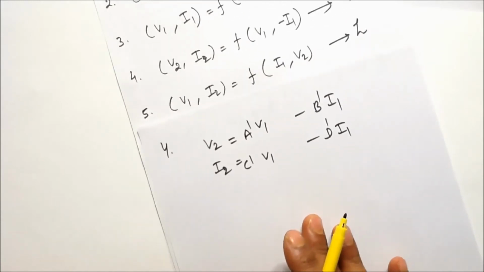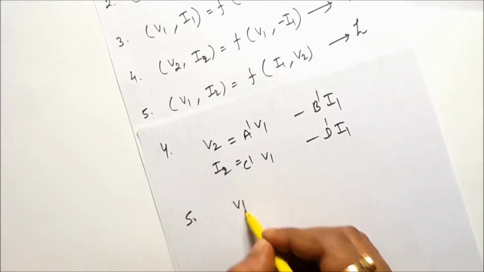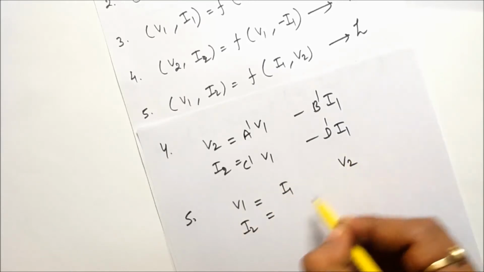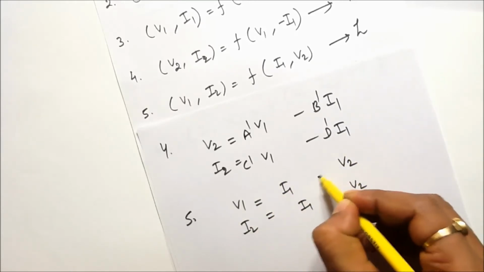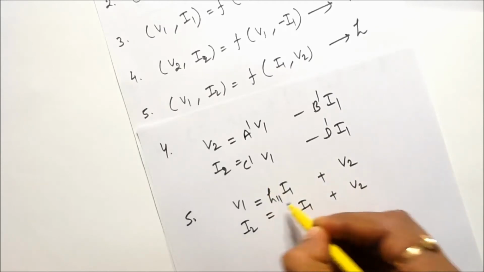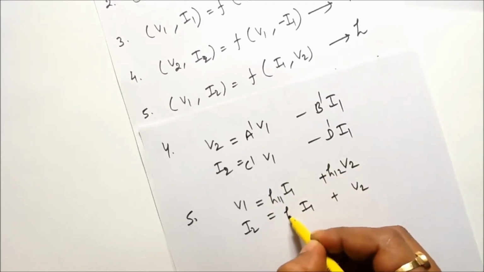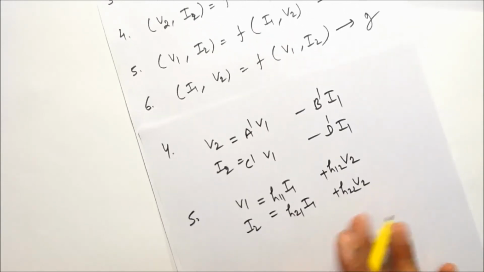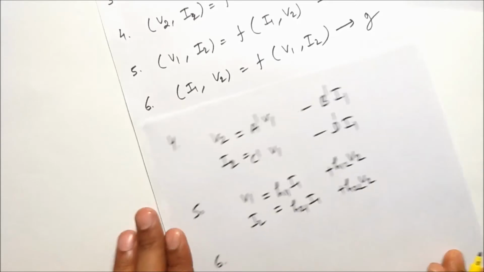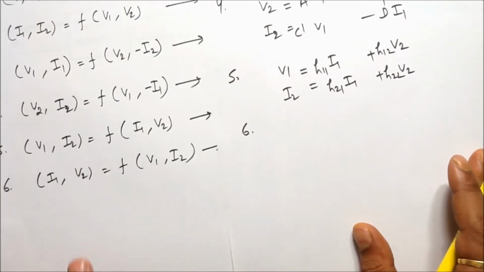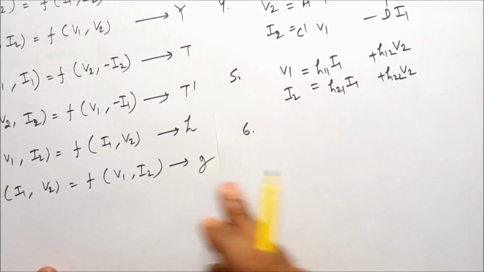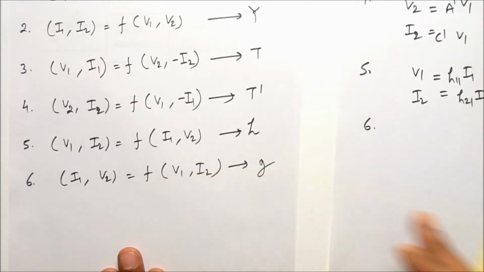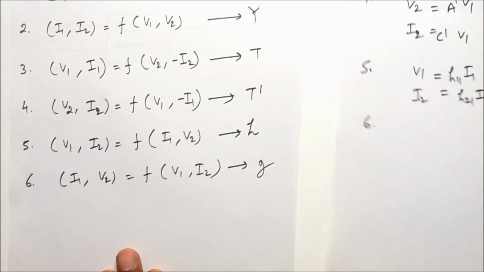Equation number 5 is V1, I2 is the function of I1, V2, and this is related with the hybrid parameters H11, H12, H21, H22. Equation number 6 is I1, V2 is the function of V1, I2, and this equation number 6 is related with the inverse hybrid parameters or G parameters.